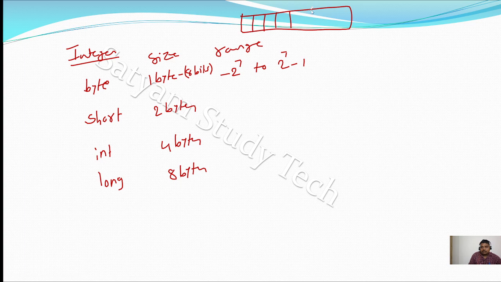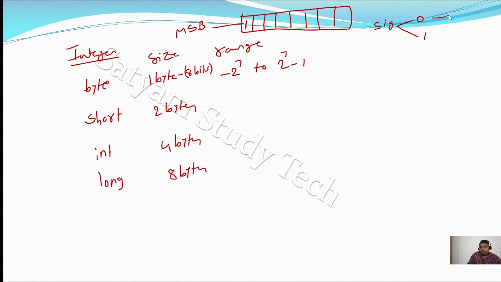In these 8 bits, this MSB, the most significant bit, indicates the sign bit. The sign bit is either 0 or 1.